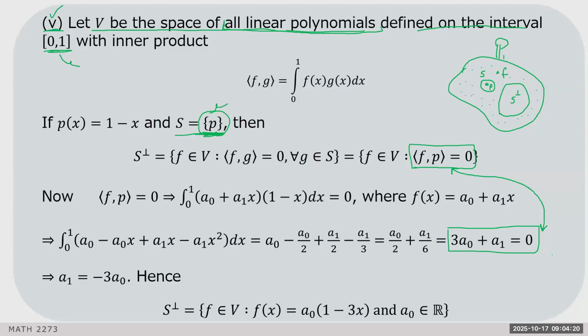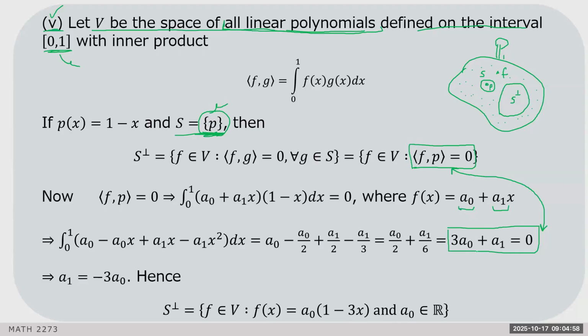But now you're saying, okay, I have one constraint because I had one vector in my set, so that gave me one linear equation. Do I need a second linear equation because I have two unknowns, A0 and A1? These are unknowns that I need to find, right? In this case, no, you don't always need the same number of equations as you do unknowns.